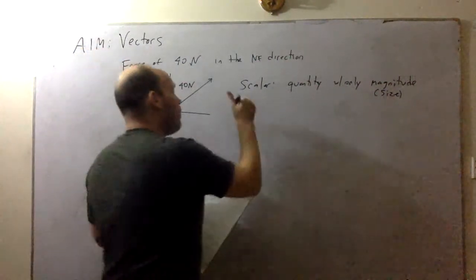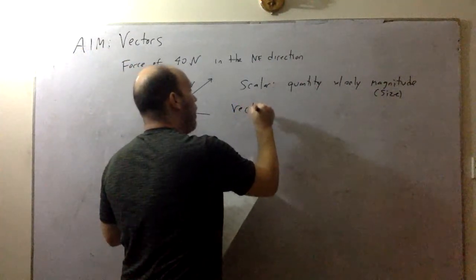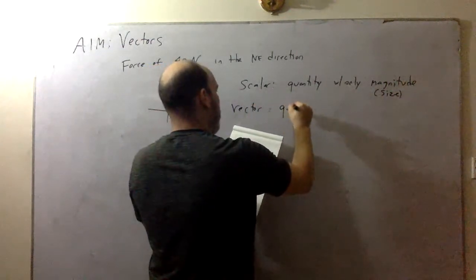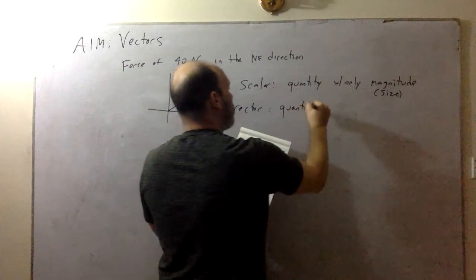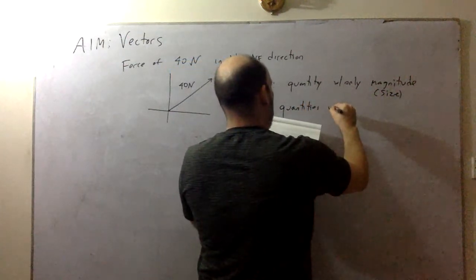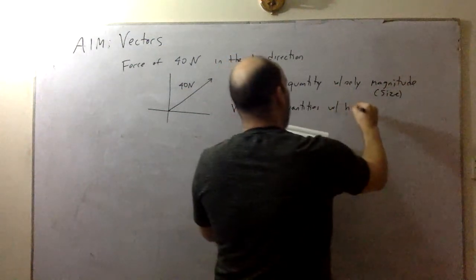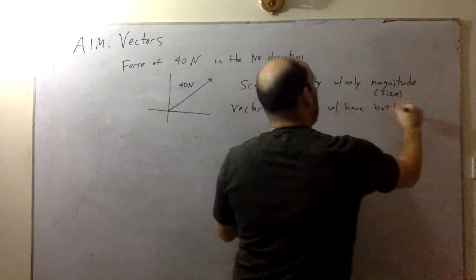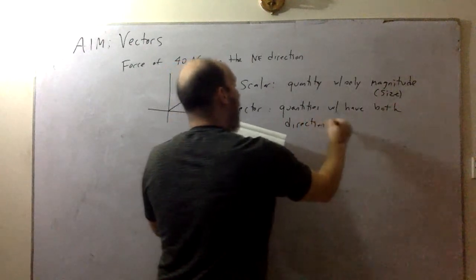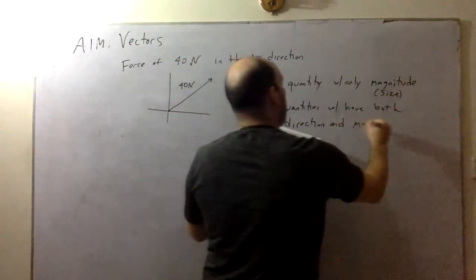A vector, which is what we're going to focus on, is a quantity or quantities which have both direction and magnitude.